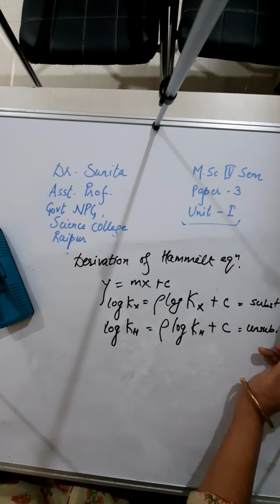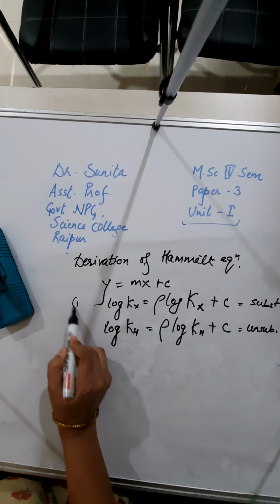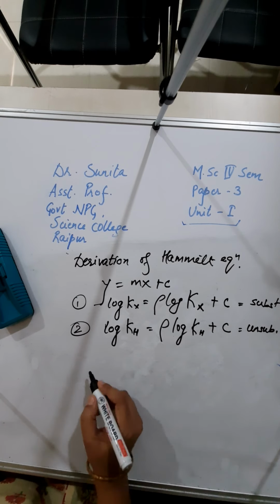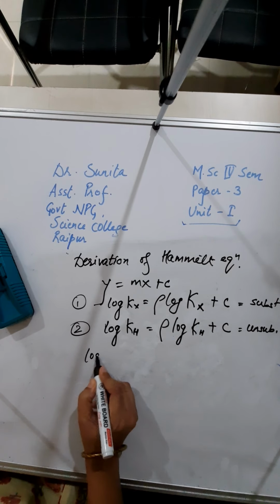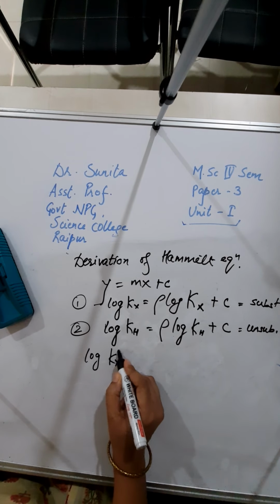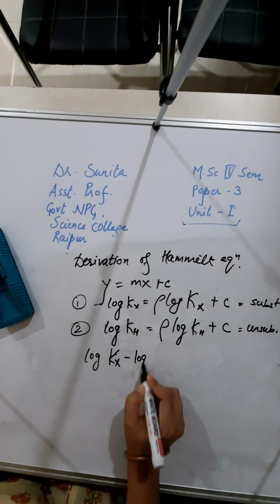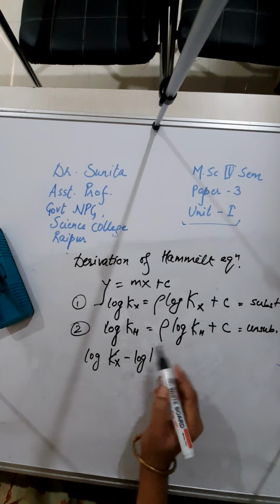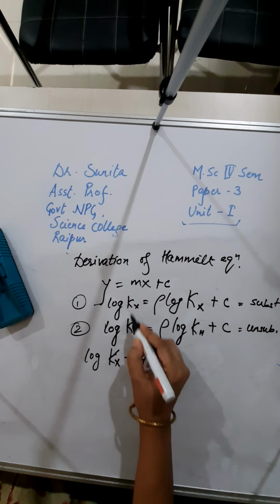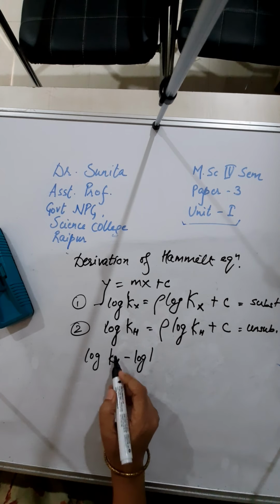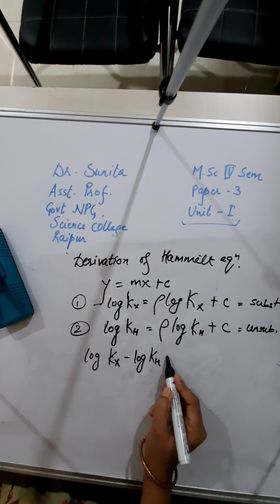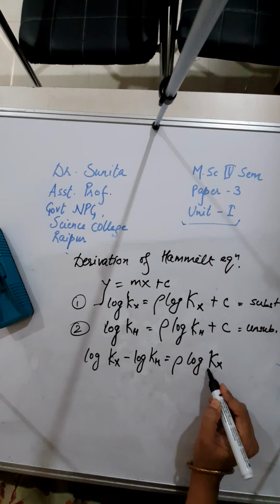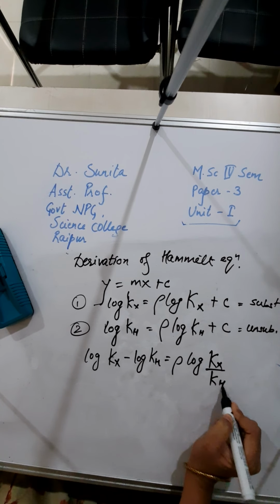Now if we subtract equation 2 from 1, we will get log kx minus log kh, where this is a small k, equals rho log Kx by KH.